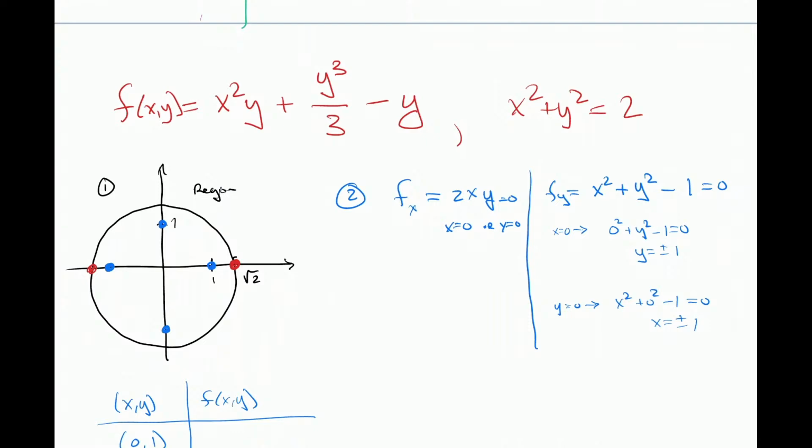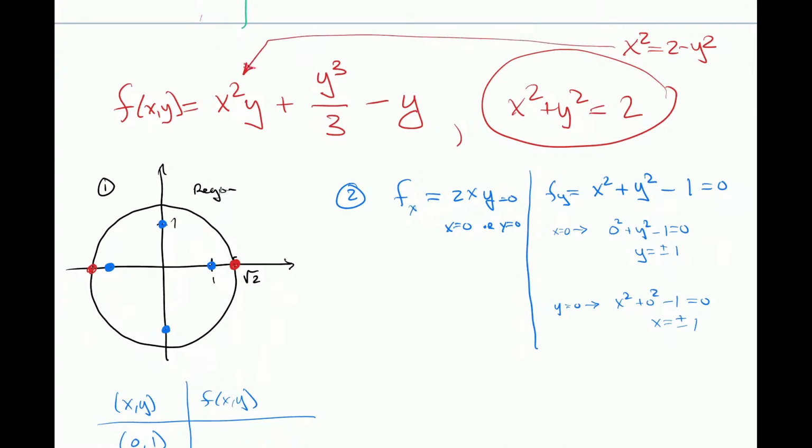I think I can get away with considering the entire circle, because since x squared plus y squared equals 2, I can write this like this, 2 minus y squared, and just plug this in right there. So here I'm not using the square root. If I did x equals the square root of 2 minus y squared, then I would be forcing myself to think about the positive and the negative.